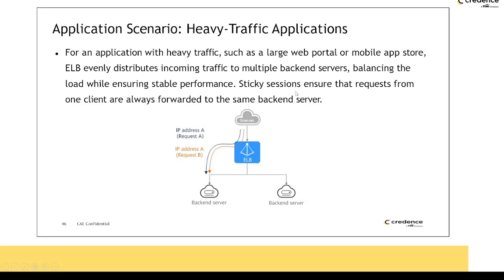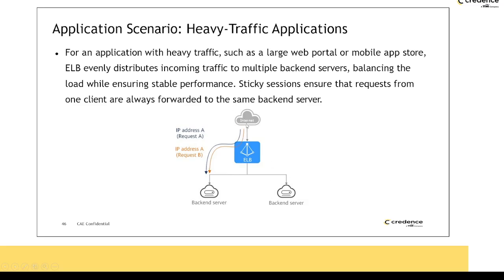Sticky session ensures that requests from one client are always forwarded to the same backend server. Let's say down here we have 2 backend servers, A and B. You configure both servers to one ELB to balance the load between them, so they have an internet connection.